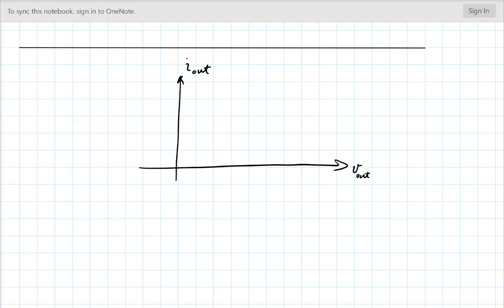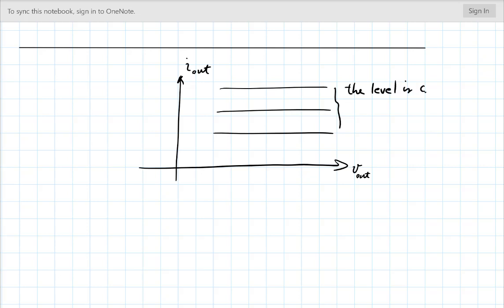And again, here I've taken the right-hand side to be the output, which is very commonly the case. So a current whose value does not depend on that voltage, but the level can be controlled by a voltage or current at the input.